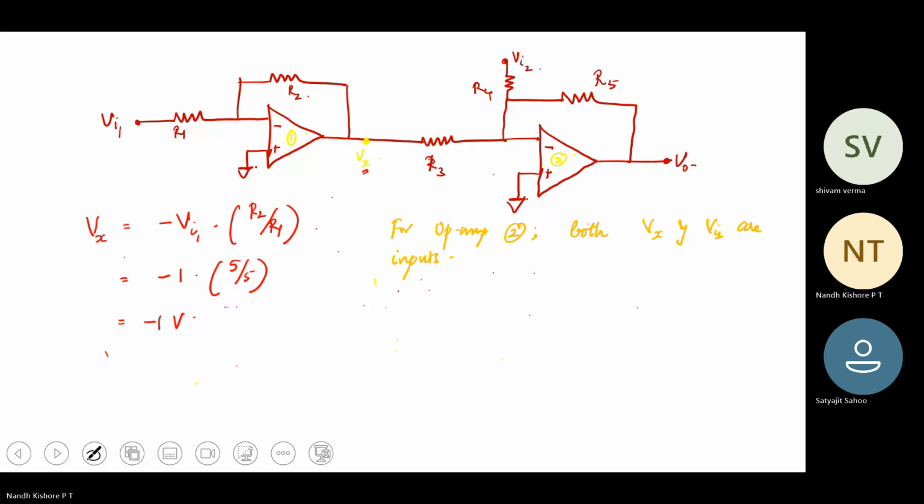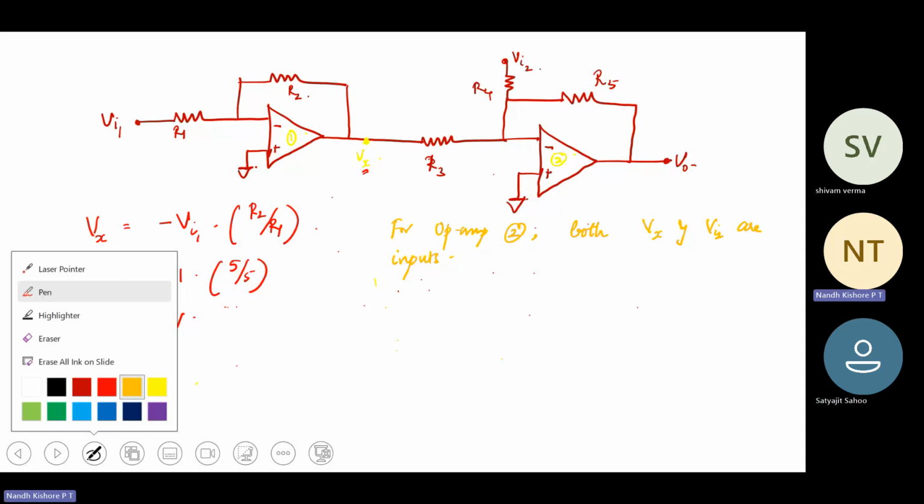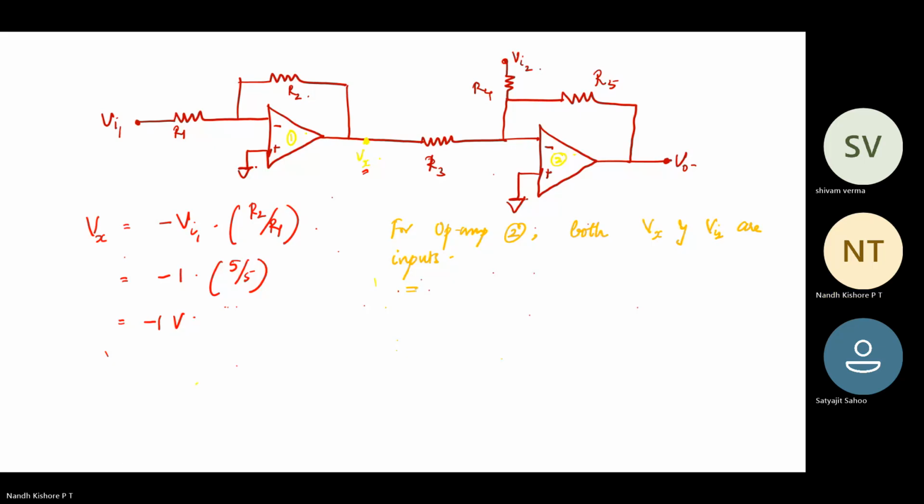And then I can sum it up. What is the theorem called? Superposition theorem? Correct. So we can use superposition theorem.